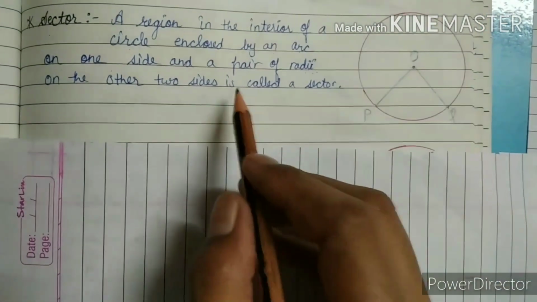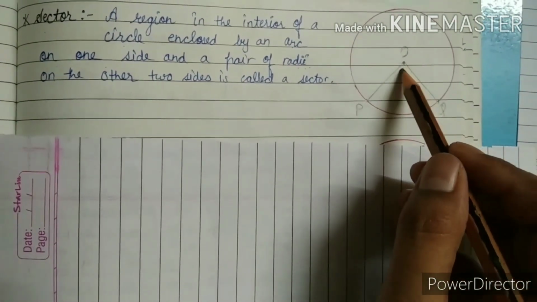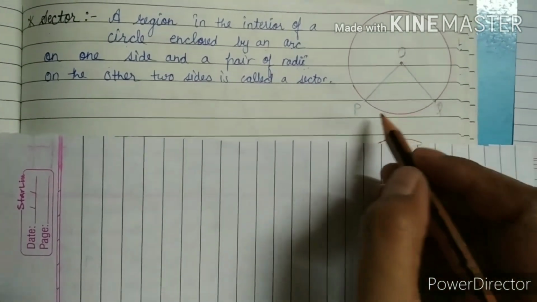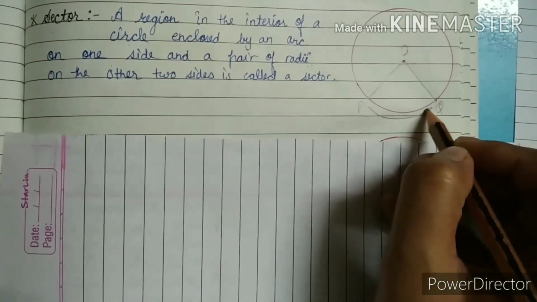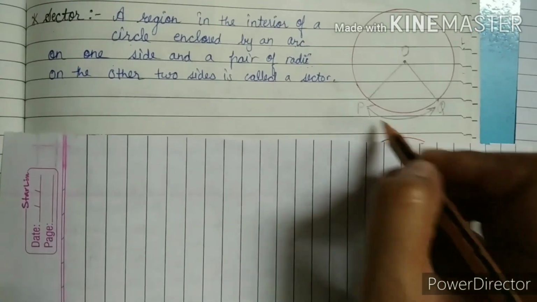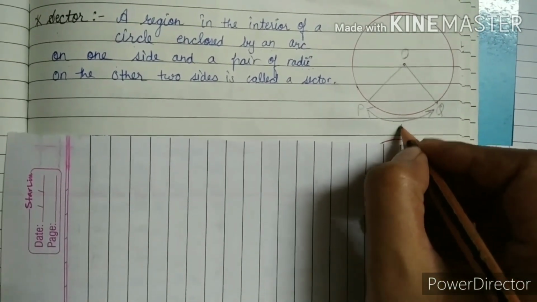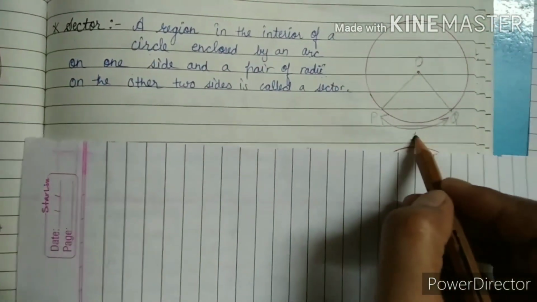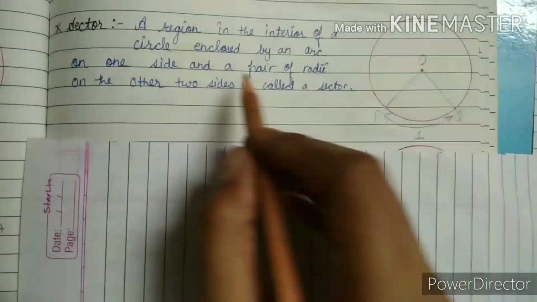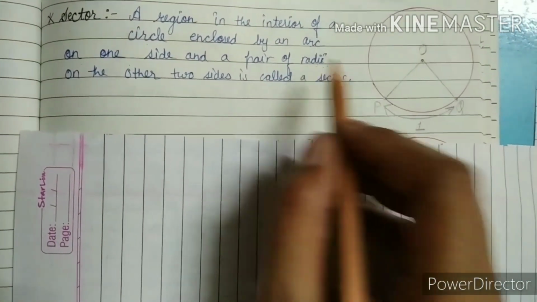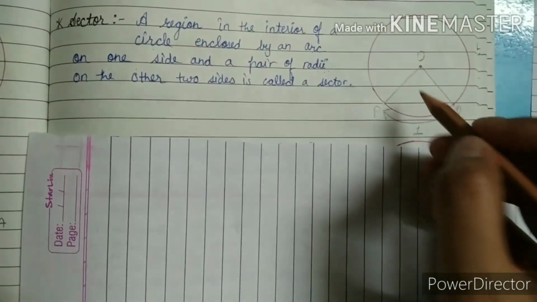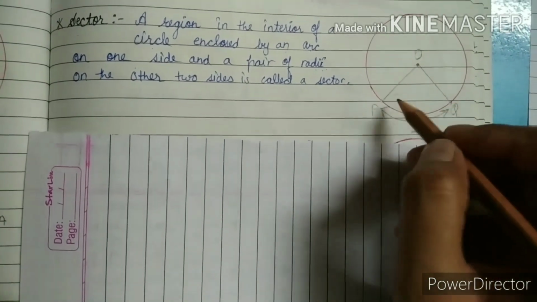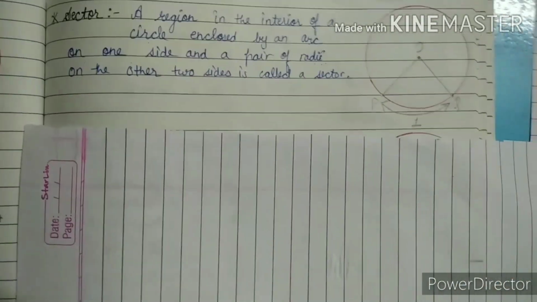Now as you can see, when I draw two radii, one arc is also there. Have you seen one arc? So this is the first condition fulfilled, because they said one side is enclosed by an arc, and the other two sides are enclosed by two radii. So this bounded area inside will be called a sector of the circle.